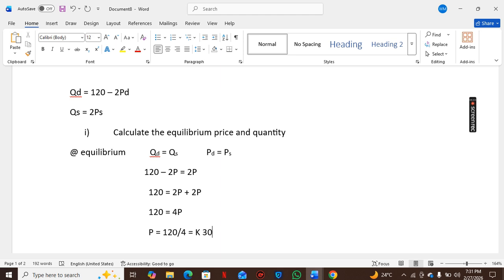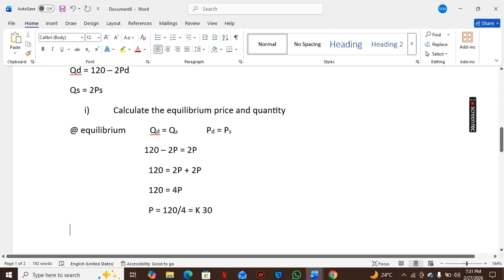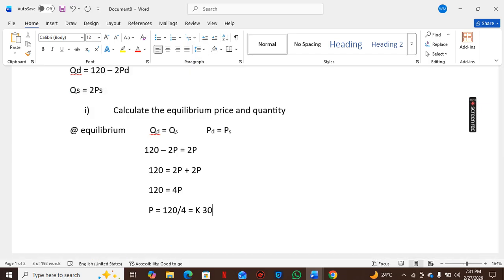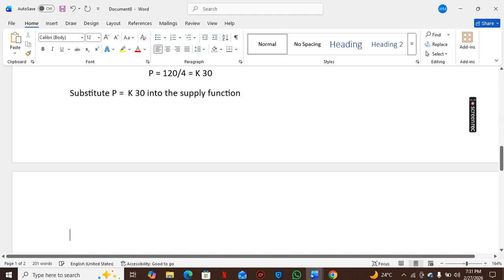Okay. Now we can get our equilibrium quantity. So you can substitute P equals 30 into the demand function or the supply function. So we'll use the supply function. Substitute P equals 30 into the supply function.